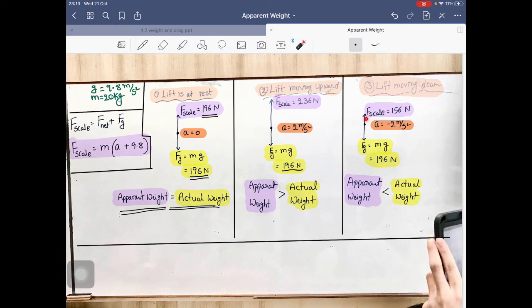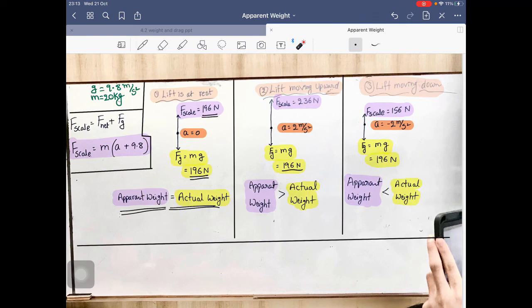But the scale reading is going to change because the lift is accelerating downwards. If you substitute the a value minus 2 here, you get the scale reading of 156 Newtons. That means the apparent weight, 156, is less than the actual weight, 196.